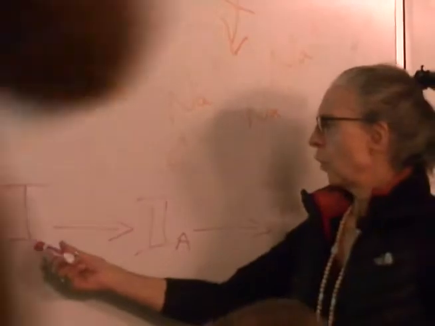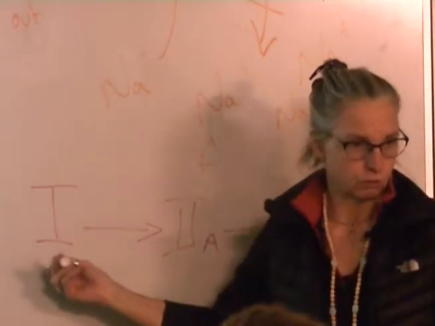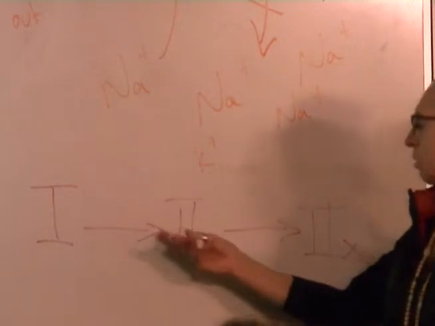Type 1s have the smallest cell body, so we turn them on first, generally. And then if we need a bit more force, we turn on our type 2As. And then if we need even more force, we turn on our type 2Xs.